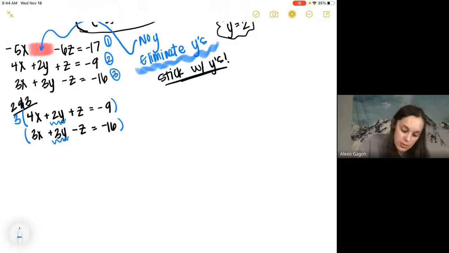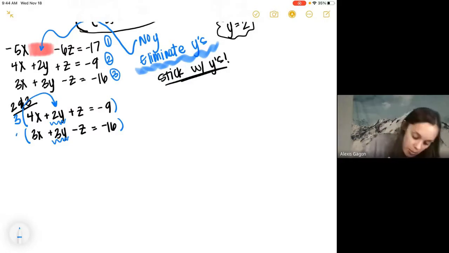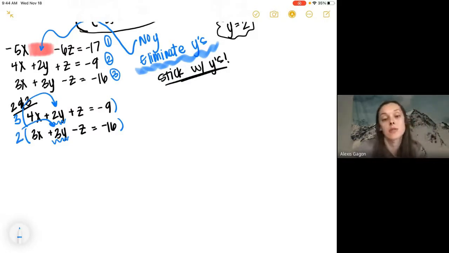Because if I multiply that by 3, I end up getting a 6y. And I'm going to multiply the bottom equation by 2 because I end up getting a 2y when I multiply that in there. But I'm going to choose one of these to be negative because we want them to be opposite signs so that they can just cancel each other out. So let's just make the 3 negative. Okay, do you guys see that step? Are there questions on that step?